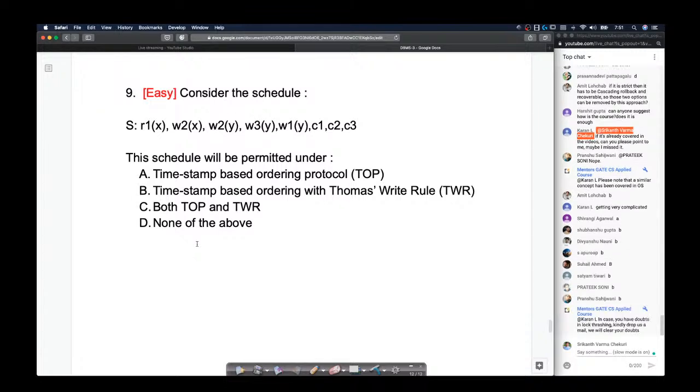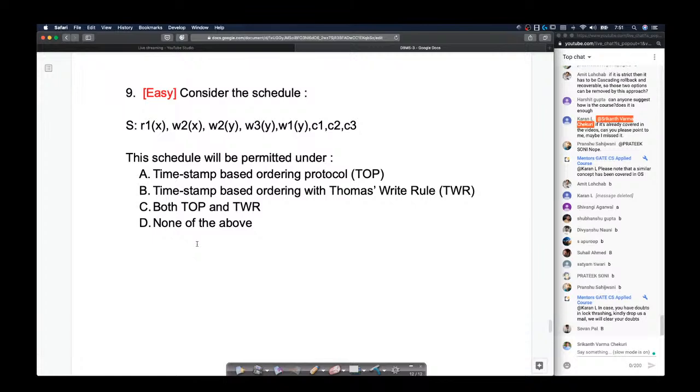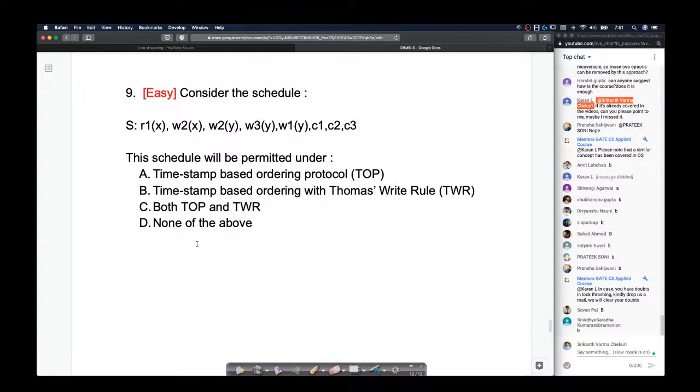Yeah, most of you are getting it right. This is literally a textbook example problem, right?